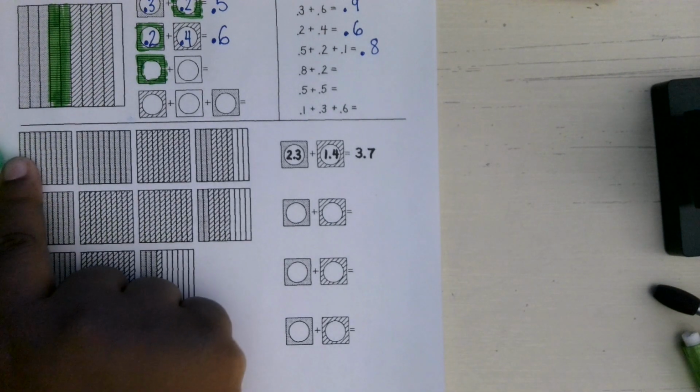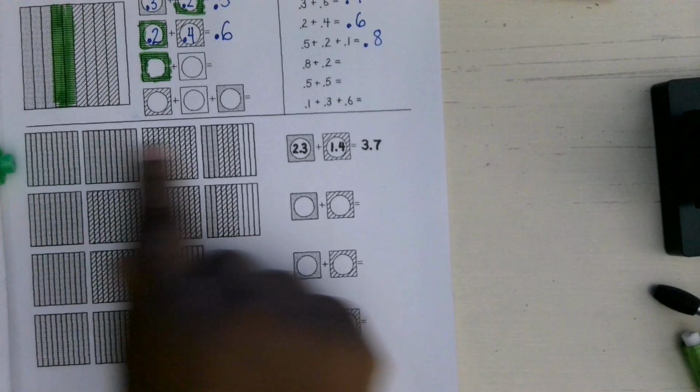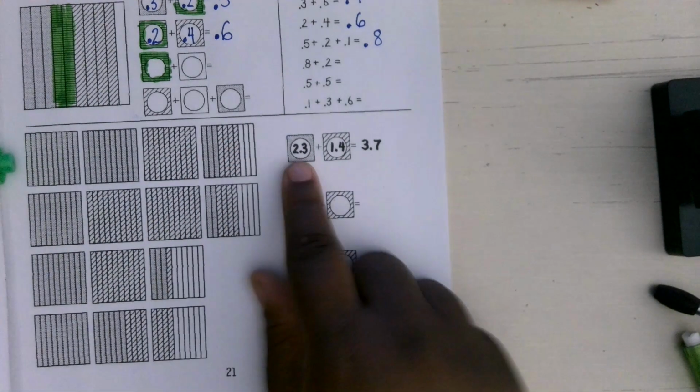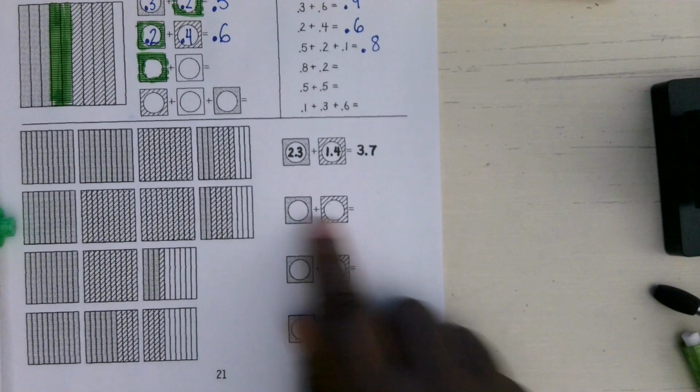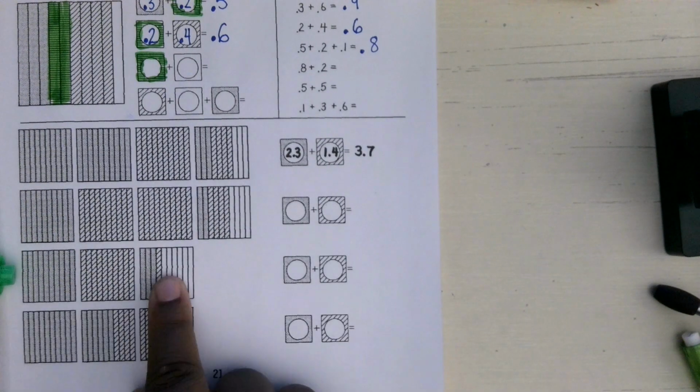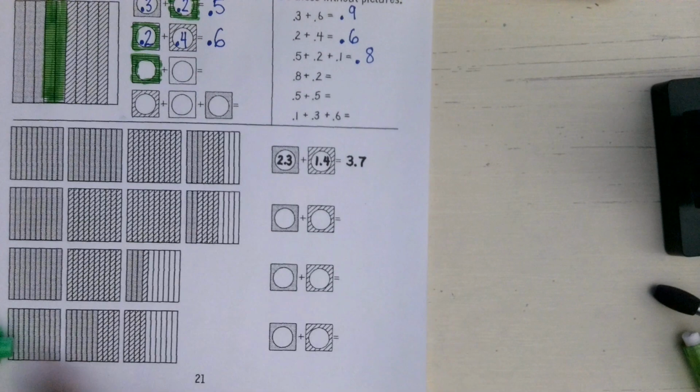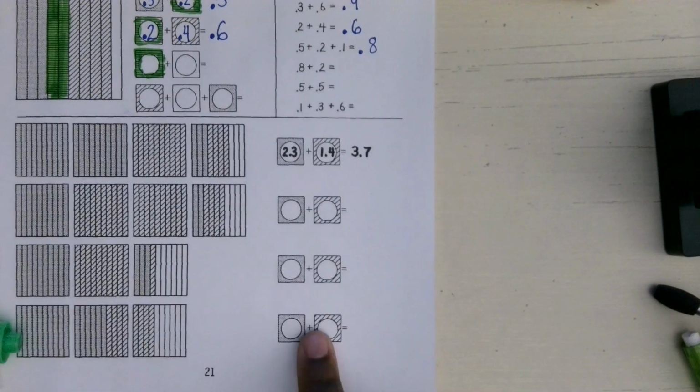And please know that these 4 boxes, these 4 units, are used for this problem. These 4 units are used for this. These 3 units are used for here. And these 3 units are used for here. And you have to look and see what you're being instructed to add up.